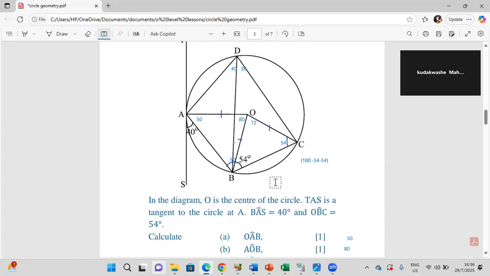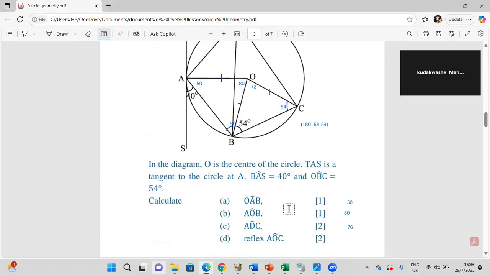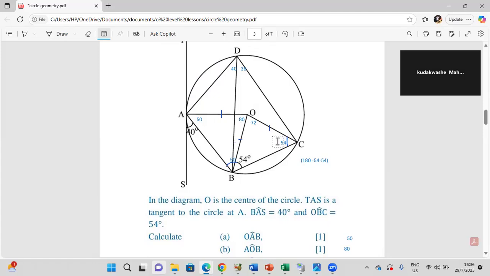Then we have the next one, reflex AOC. The reflex AOC, the reflex is this angle that's behind. So if you want this angle, you should know that first, a complete revolution going around is 360 degrees. So already we have 80 and 72.